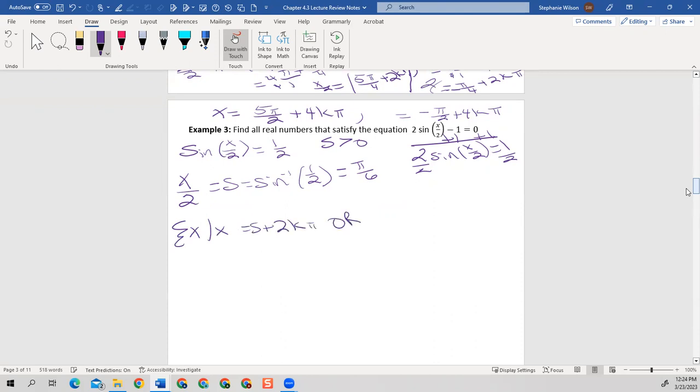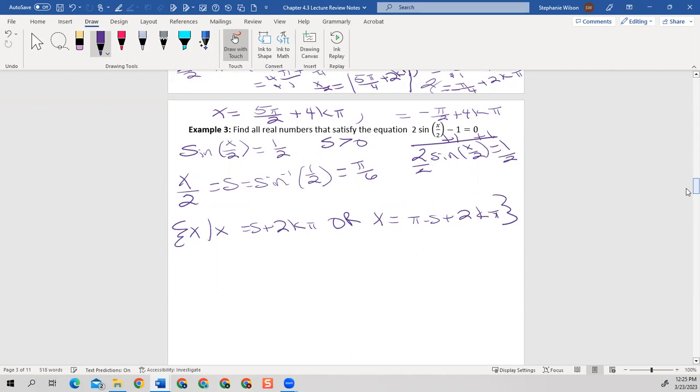And now you see why I said it would have been easier, because we didn't have an extra step in here. And x is equal to pi minus s plus 2k pi. All right. We know that a half is not equal to 0, so we're good. We do know that the pi sixths is falling between negative 1 and 1. We are good with that.